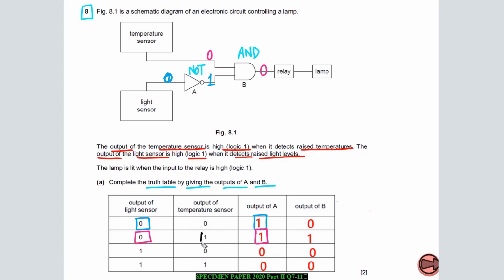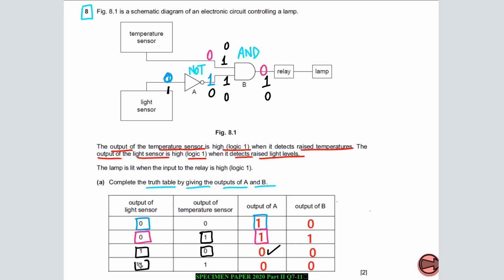Now when this is 1 and here is also 1, this has to be 1. And same, when this is 1 and here has to be 0, so this is 0. And the next one, we see we have 0 and 0, so this will be 0.